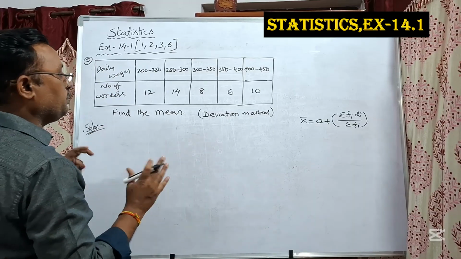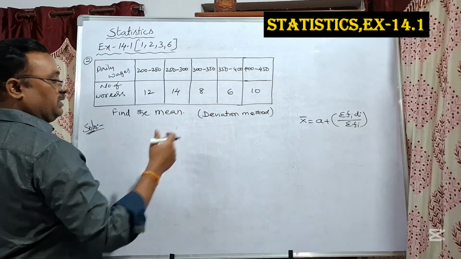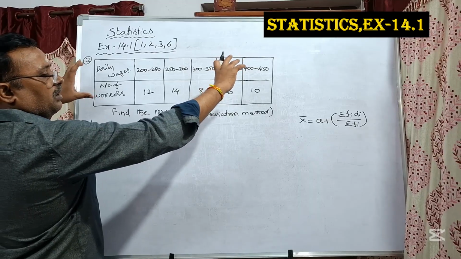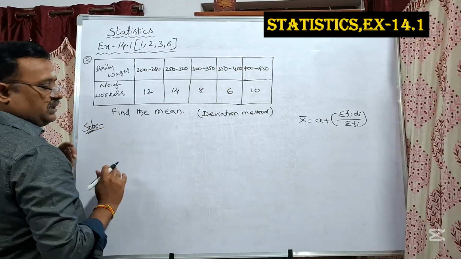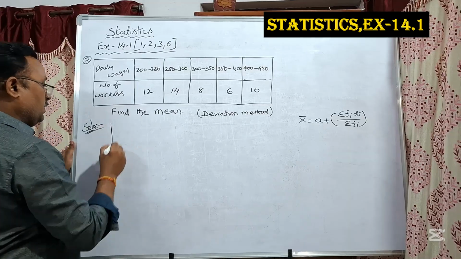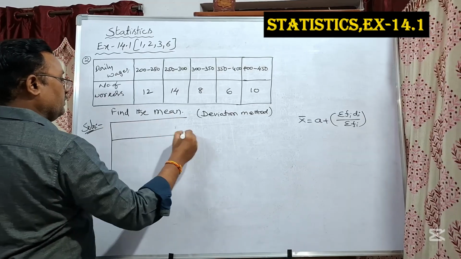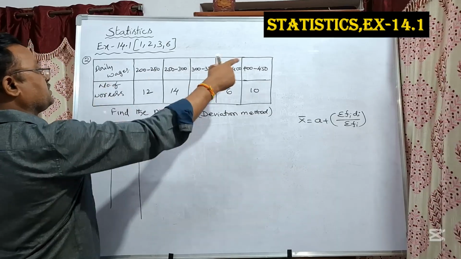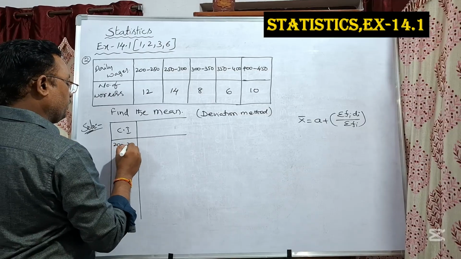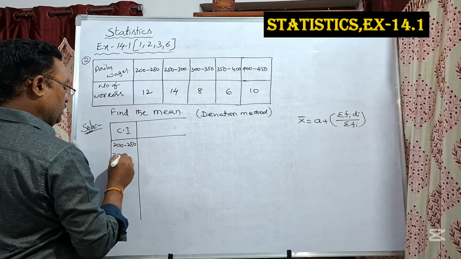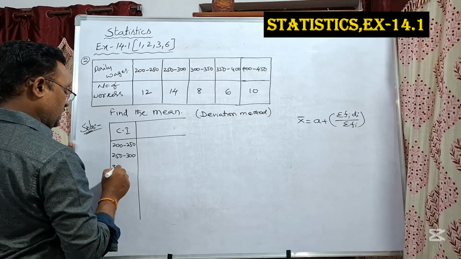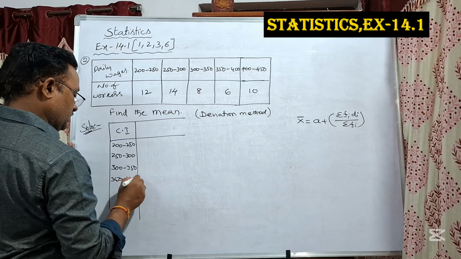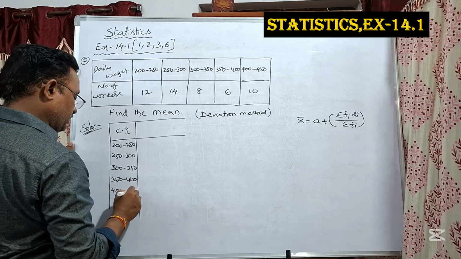Now, how do we get those values? For that, use the given two rows as two columns for the table. I am preparing a new table with the class intervals first: 200 to 250, 250 to 300, 300 to 350, 350 to 400, 400 to 450.